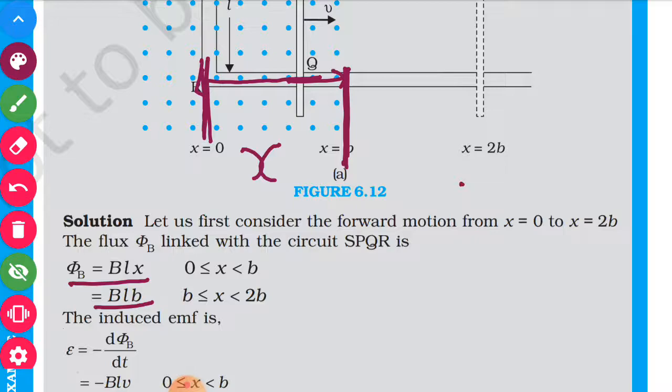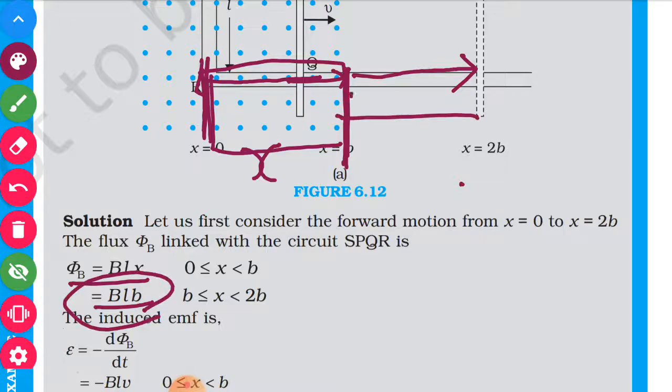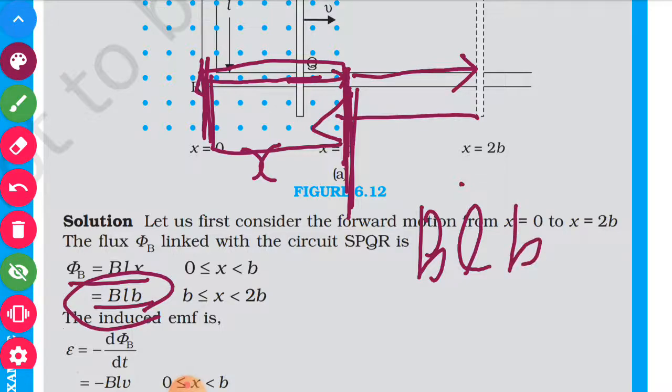Now try to understand, when you go this side, the flux associated is going to remain constant. Flux is not going to change; it is equal to BLb only. If you come back, then also till this point the flux is going to remain BLb.